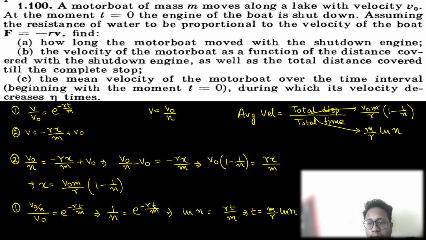This m and this r cancel with that m and that r. So here, the average velocity is equal to v naught (1 minus 1 by n) divided by ln n. This is the average velocity till when velocity becomes n times the initial velocity.